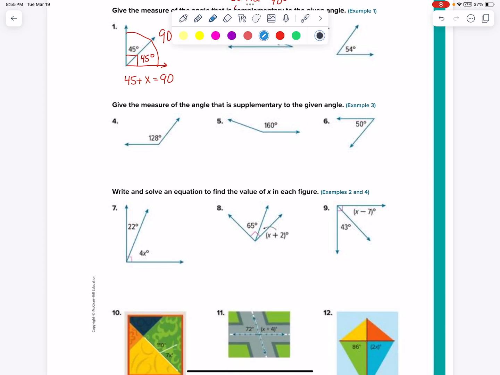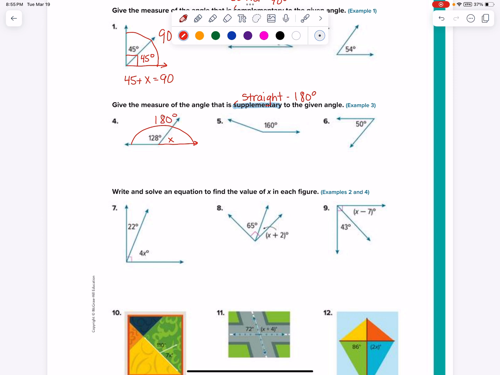All right, let's pay attention to this, supplementary, so we don't make a mistake here. Supplementary means straight. Here's how you spell straight, I-G-H-T, which means 180 degrees. So what are the two angles that add up to 180 degrees? If this is x, we know both of these total 180 degrees.